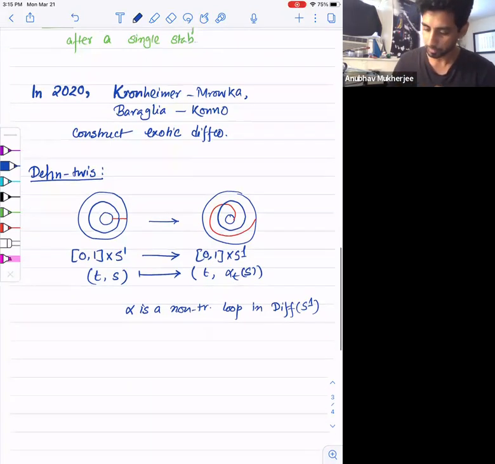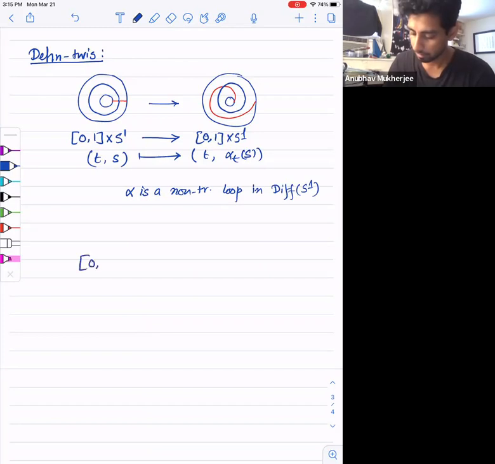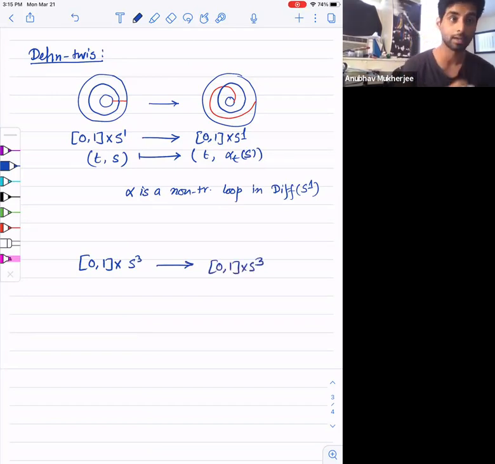Then we can generalize the notion of Dehn twist even for [0,1] cross S3 to [0,1] cross S3. The interesting fact is that the space of diffeomorphisms of S3 is homotopy equivalent to SO(4).